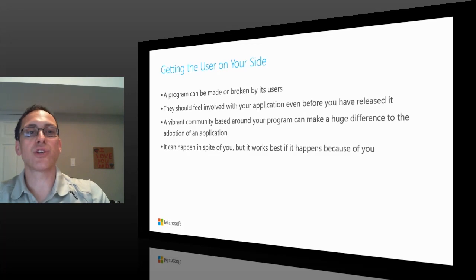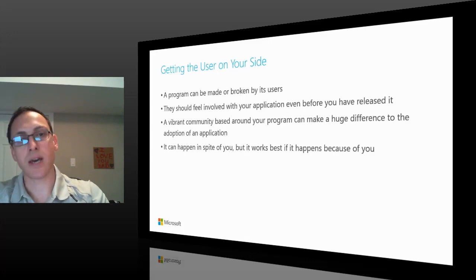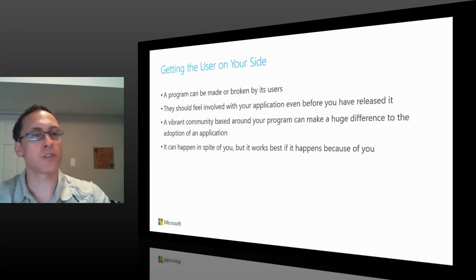The other reason you should do it is people want to feel involved with your application. Not just with fault reports, but it's getting users on your side even before you've released the application. I think Mickey in his previous session mentioned the trial capabilities in the phone store. That's a great way of getting people on your side, getting people involved.